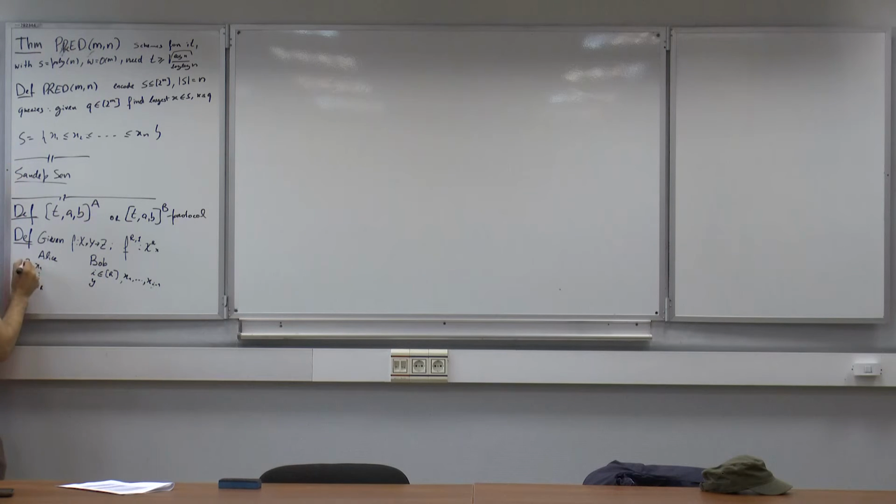All of these come from X, and y comes from Y. What they wish to output is f of x_i, y.